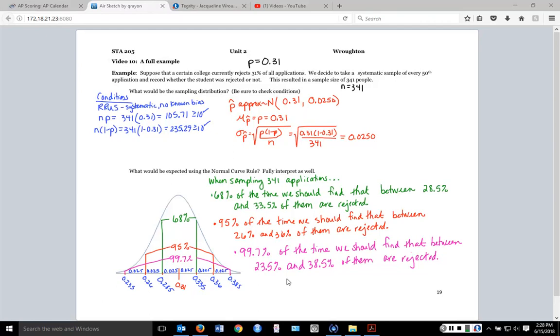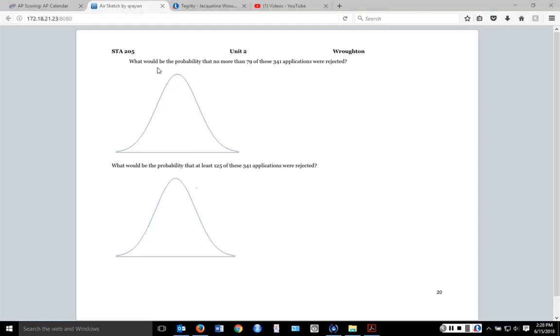All right, let's continue this problem by calculating some probabilities. So we want to find the probability that no more than 79 of our 341 applications were rejected. Well, I'm going to start by just putting my numbers along the bottom here that we just calculated in our previous example.